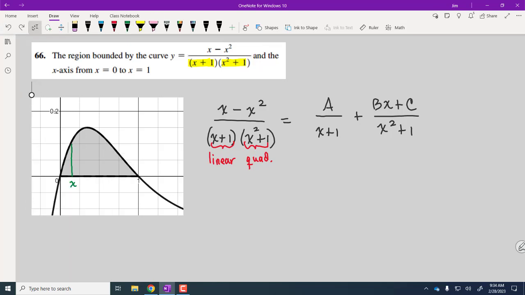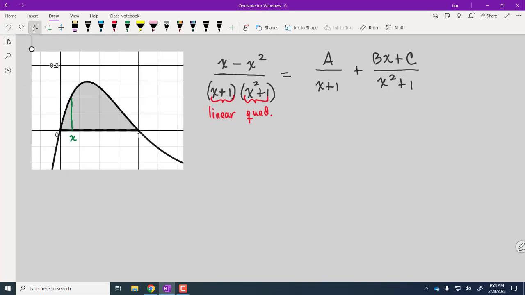Okay, so this has a linear and an irreducible quadratic. We're thinking we'll probably go with the traditional method then, because there's not a convenient value for x squared plus 1. You could force the convenient value method to work, but usually if you have an irreducible quadratic, it's just easier to do the traditional method.